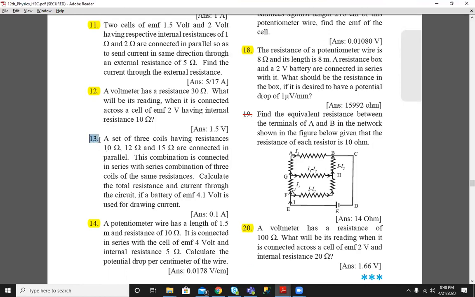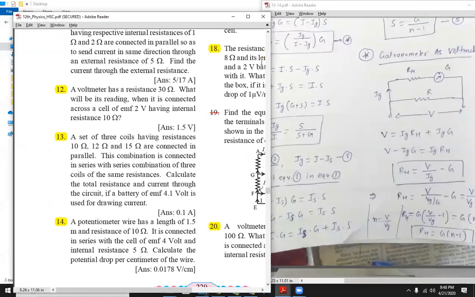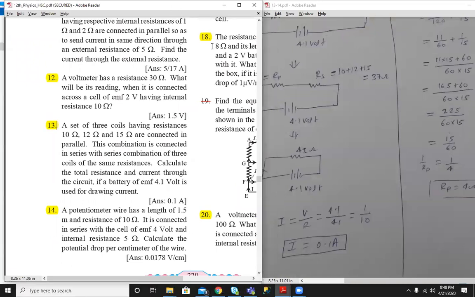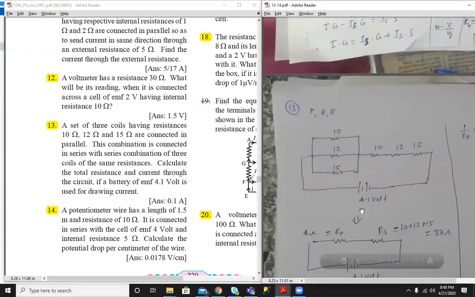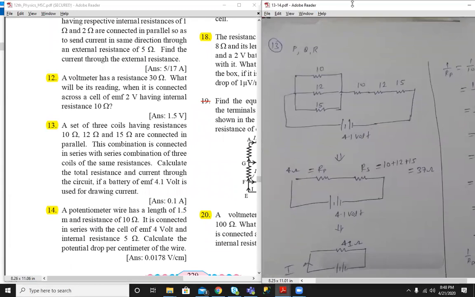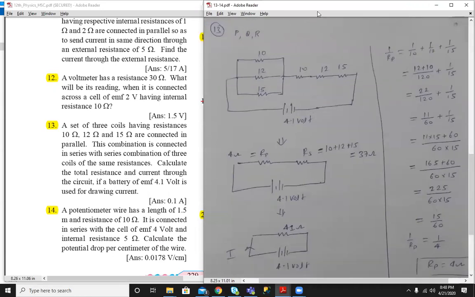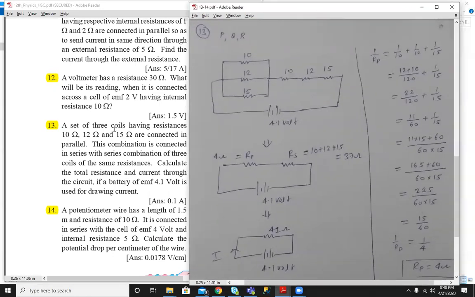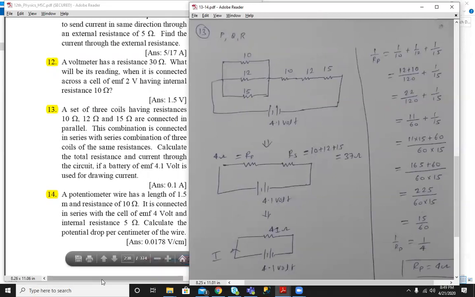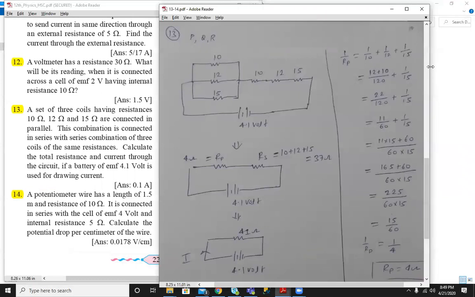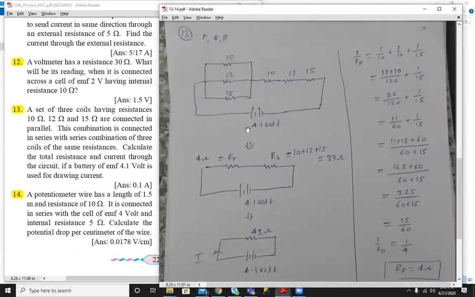There is one problem, problem 13. This is also an easy problem. Let's see the answer for this question. So what it says: a set of three coils having resistances 10, 12, 15 ohm are connected in parallel.